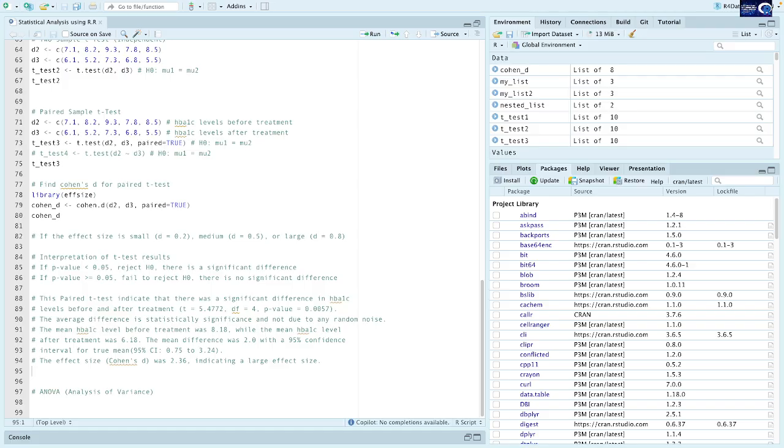Now to fit a simple linear regression model, we are using the lm function. So what is the lm function? The lm function is simply fitting the linear model. First we need to provide the formula, then data, then any subset if needed, or any weights if we need weighted models.